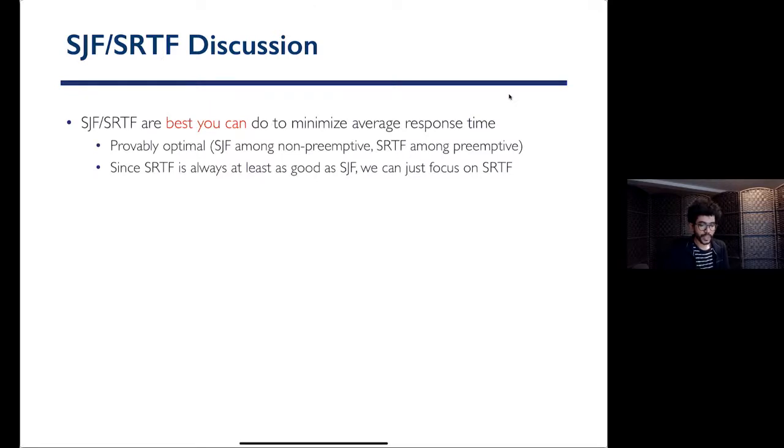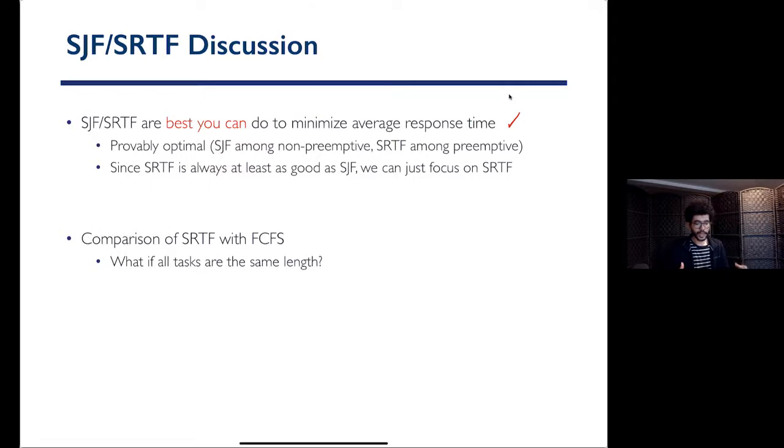So it's provably the best for average response time. So it's provably optimal. Now, if you compare SRTF with FCFS and round robin, if all the tasks are equal size, then SRTF and SGF don't say anything because all of them have the same priority. FCFS is the same, right?